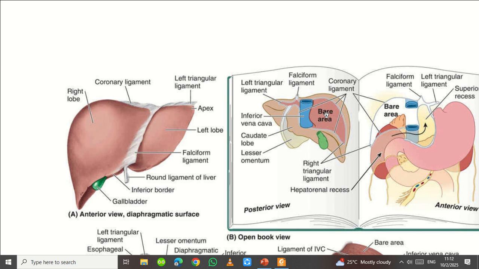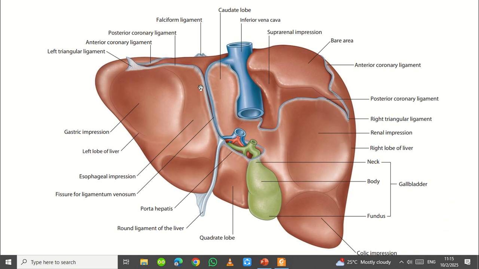Good. Now, let us take a look at the visceral surface of the liver and the caudate and quadrate lobes of the liver. Right, so the visceral surface of the liver is where you find the right sagittal fissure, the left sagittal fissure, and the transverse fissure.